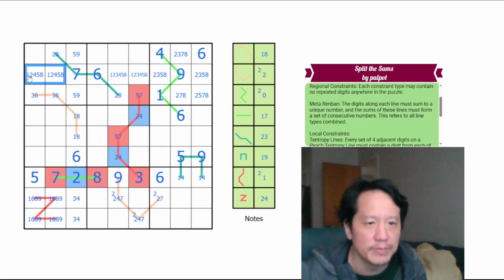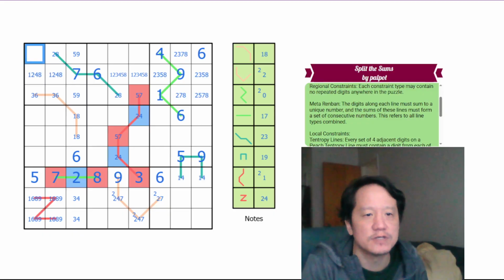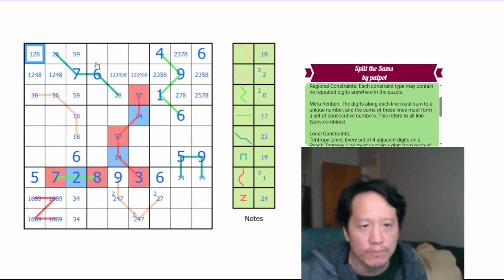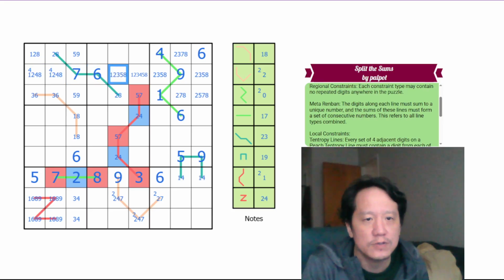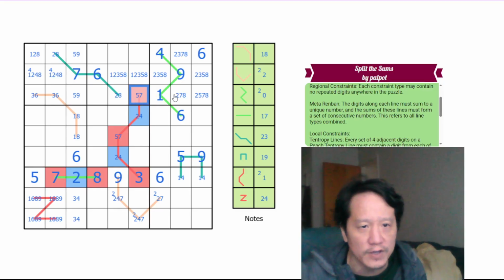We have a lot of 6s now. This 5, 9 pair eliminates 5 and 9 in the rest of the box, so this has to be 1, 2, 4, or 8. No 4 here because of 4 in the row. So 4 has to be one of these two digits here, which eliminates 4 in the rest of the row. Where is 4, then, in row 3? Can't be here because of 4 in the box.